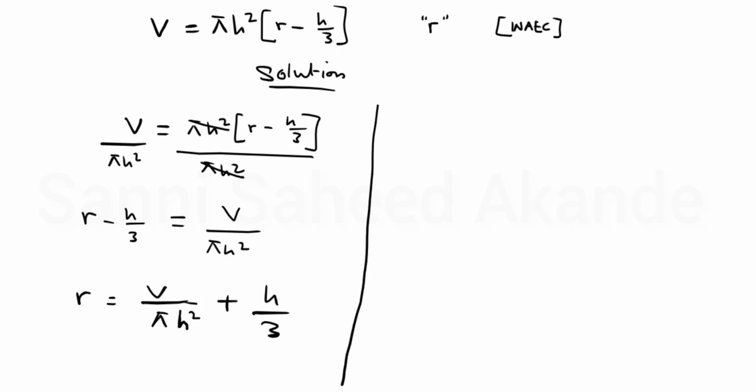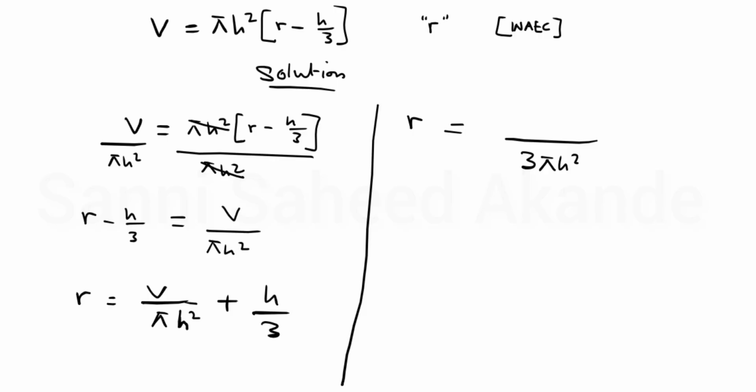So this is not yet our final answer. We can compress the right hand side. The LCM of pi h squared and 3 will be equal to 3 pi h squared. All right, the denominator of v here is pi h squared, so when you divide it, you are going to have 3 left.